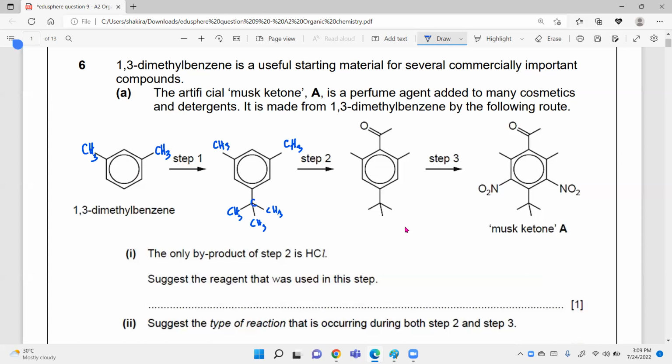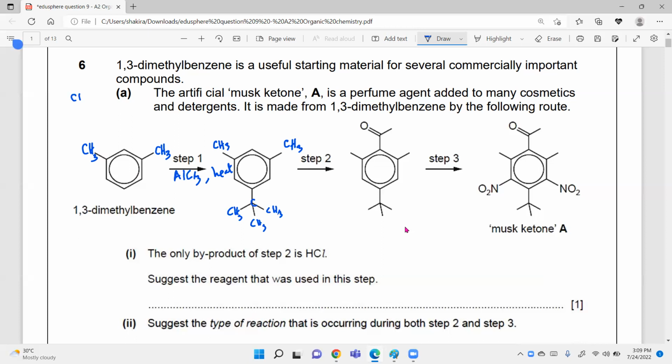It's an alkyl group. When you attach an alkyl group into a benzene ring, we use aluminum chloride catalyst and heat. And the group which has been attached to the benzene ring should be taken in the form of a chloride.